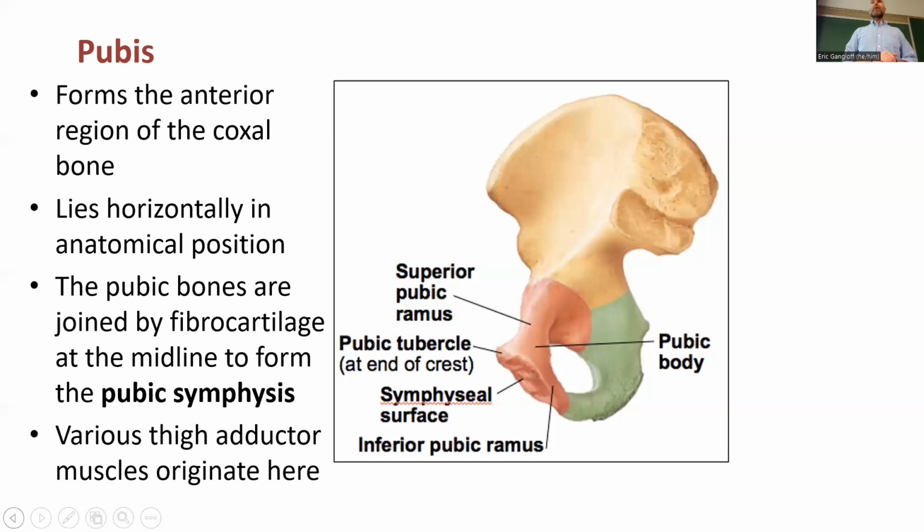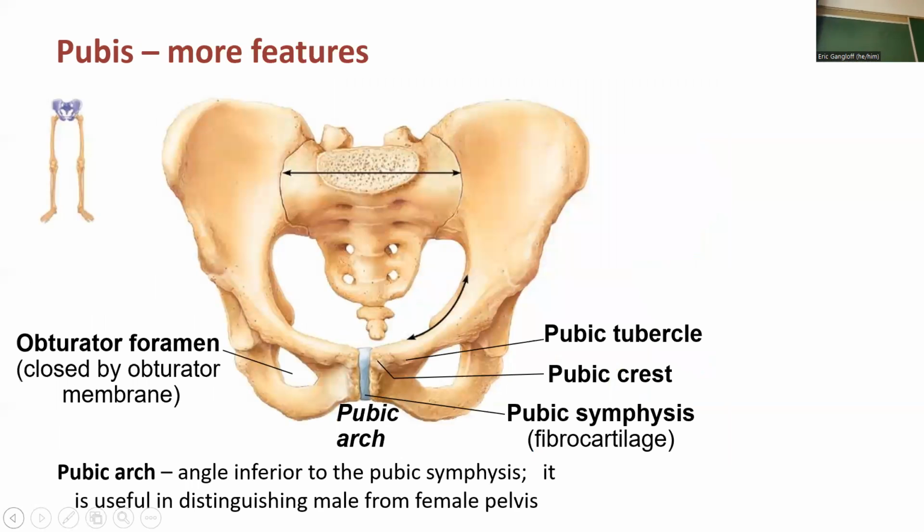That's correct. There's no other bone there. It's just the joint between the two, the anterior aspect of the two coxal bones. And actually, let me just show you that. It's this guy right here. Does that answer your question?